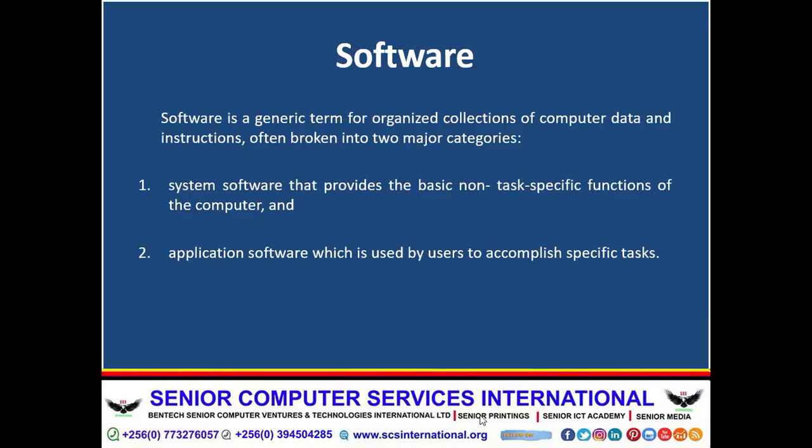Specific tasks can be, let me say, I want to do word processing, so I'll need a word processor. That's a specific task. Then if I want my computer to function, I will need an operating system, and that one is system software.